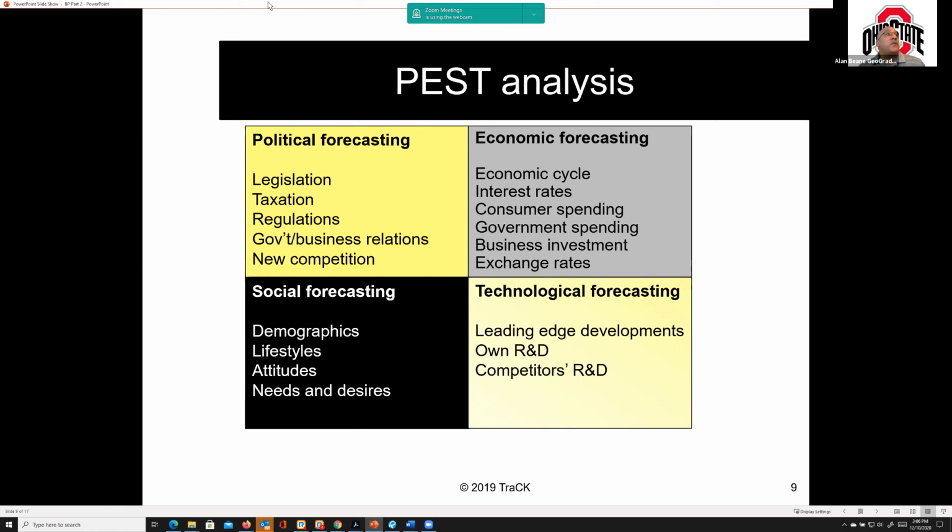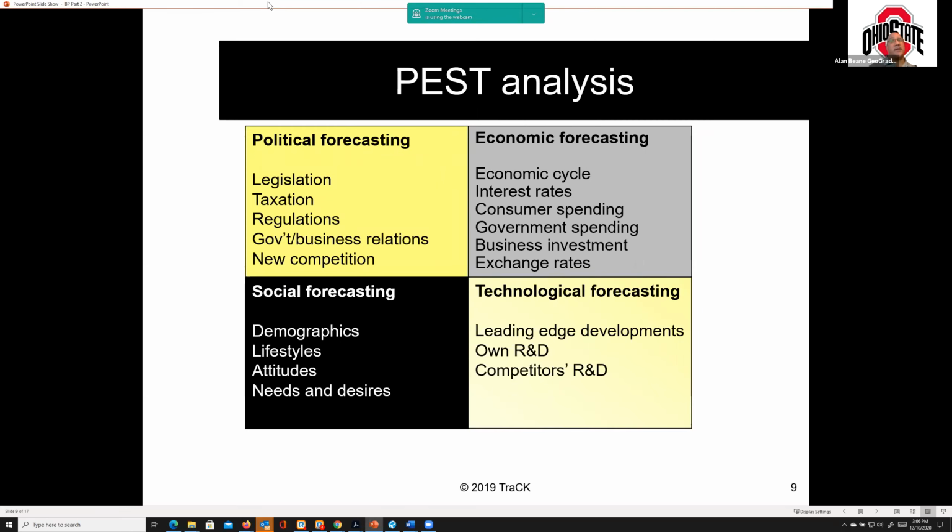On the social forecasting side, demographics, lifestyles, attitudes, needs, and desires. These are some of the things that should be taken into consideration, maybe for your workforce and stuff. So economic forecasting, economic cycles, interest rates going higher or lower. Is money going to be more expensive to get?